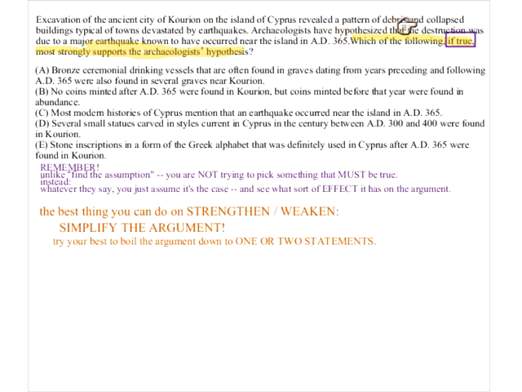Archaeologists have hypothesized that the destruction was due to a major earthquake known to have occurred near the island in AD 365. So if we simplify, a simplified argument has the following format. The only premise we've got is Kourion was destroyed by an earthquake.